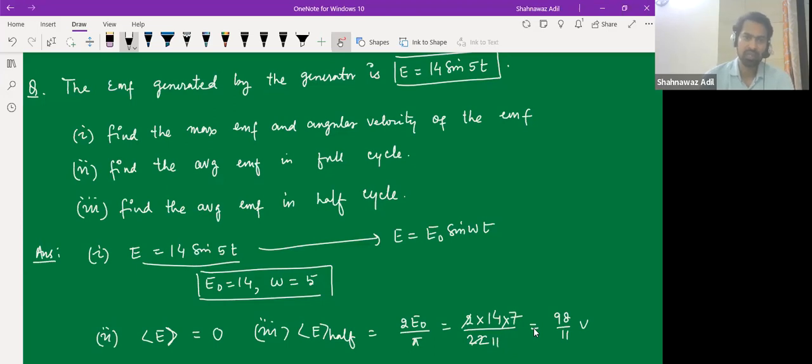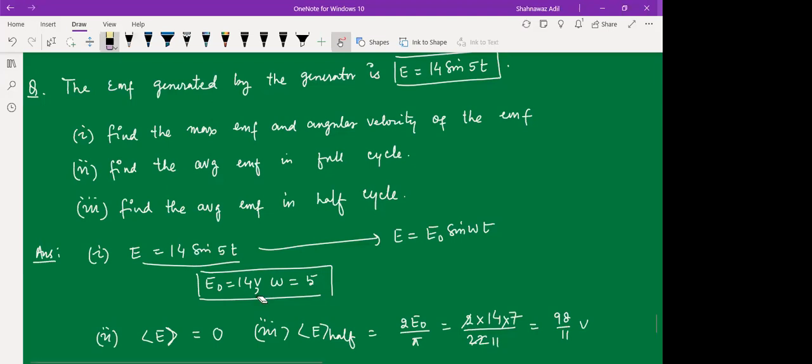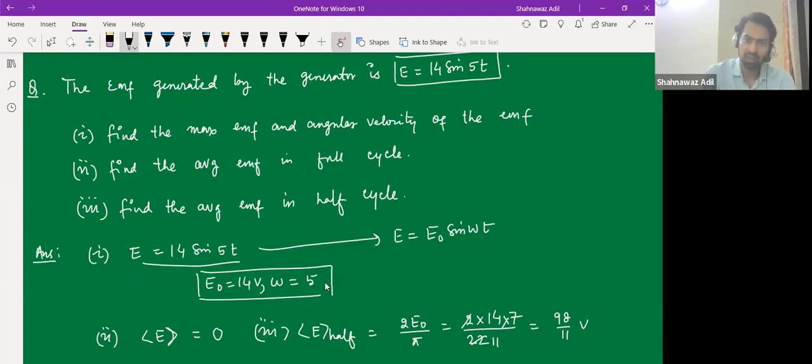Okay. So is this part clear, everyone? Yes, sir. 14 volts, and this is 5 rad per second. Right. So you guys please note it down, and if you guys have any doubts, please ask. Otherwise, please note it down.